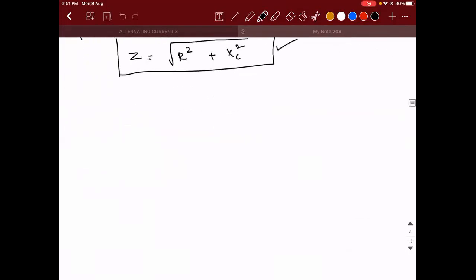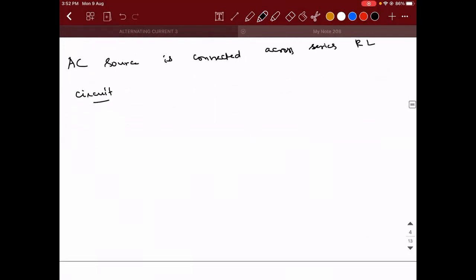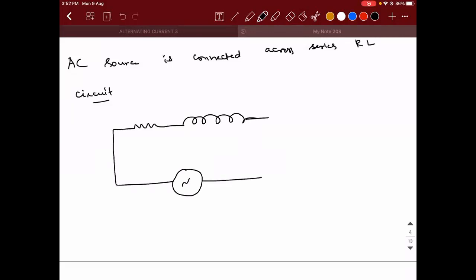So using the same logic, guys, I want you all to think about what will happen when an AC source is connected across a series RL circuit. Will it be root of R square plus XL square, sir?